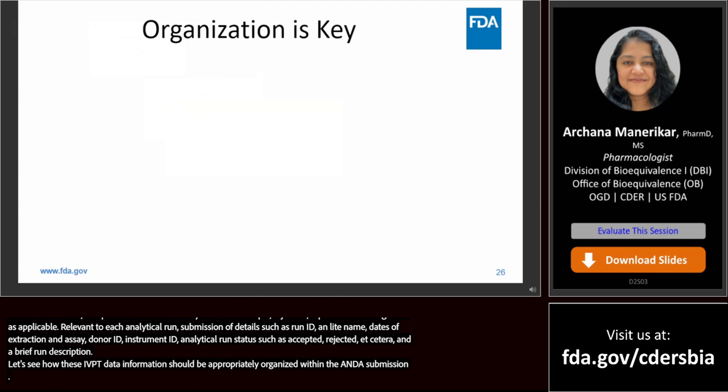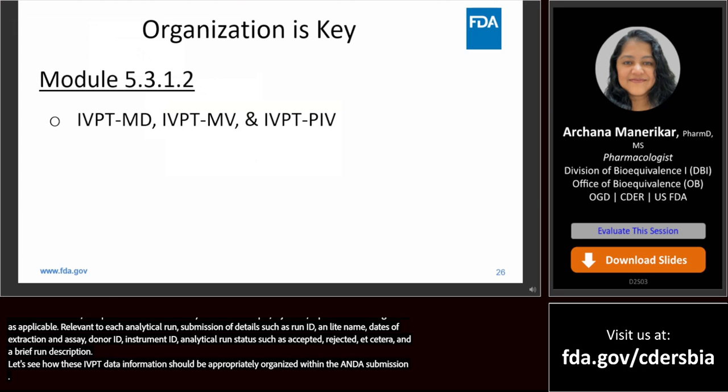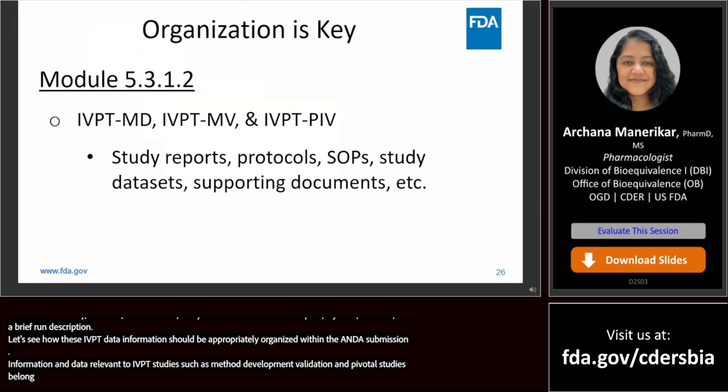Information and data relevant to IVPT studies, such as method development, validation, and pivotal studies, belong in Module 5312. Thus, study reports, protocols, datasets, etc. relevant to these studies should be placed in appropriate separate subfolders in this module.